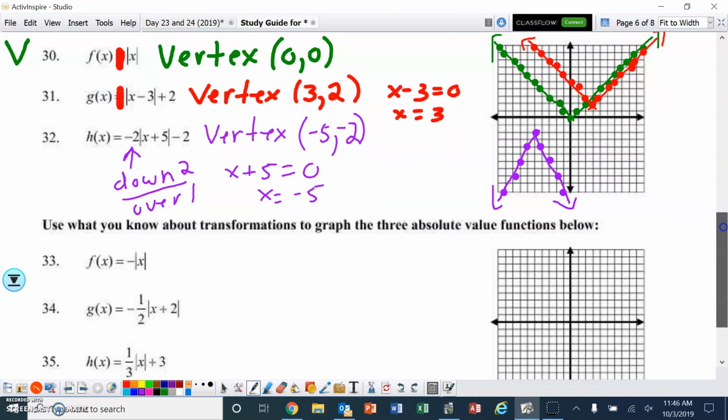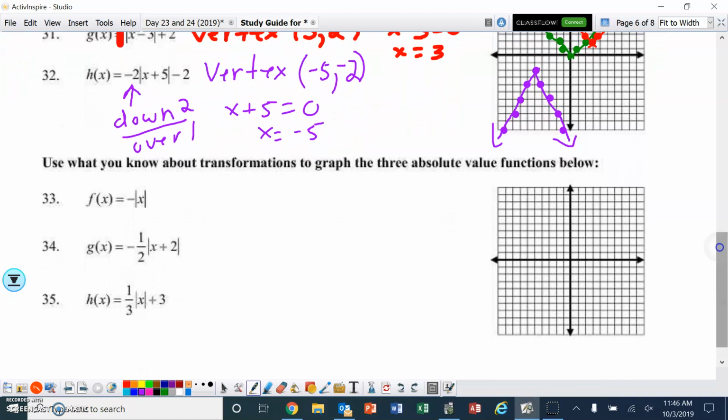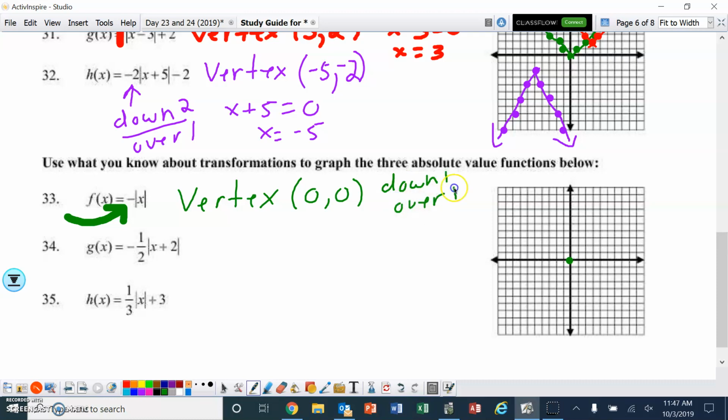All right, let's do the next 3. So same thing. We start off with our vertex. Okay, the vertex for this one is 0, 0. So we're going to start right there at the origin. Okay, but notice in this one there is a negative in front, so that means we're going to go down 1 over 1 in both directions.